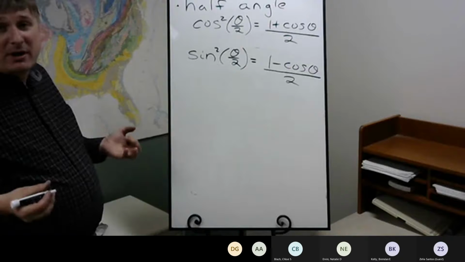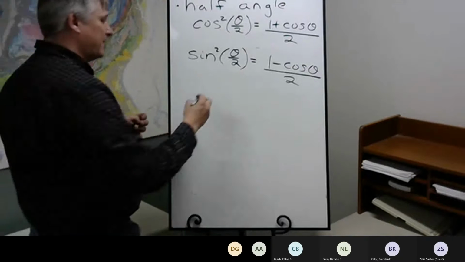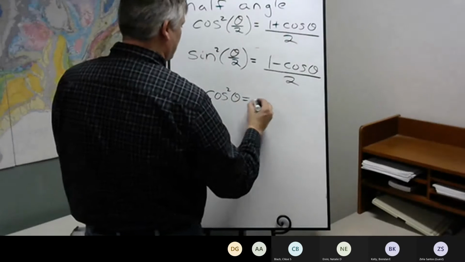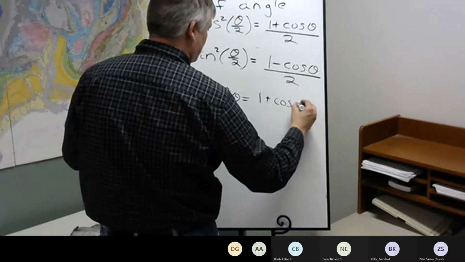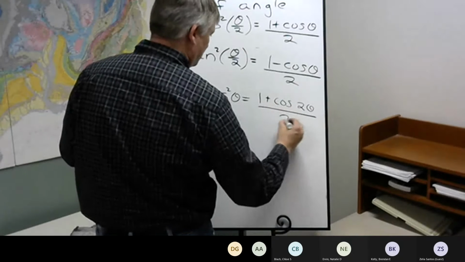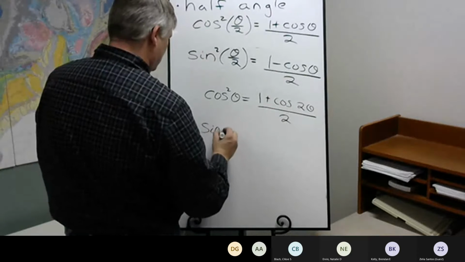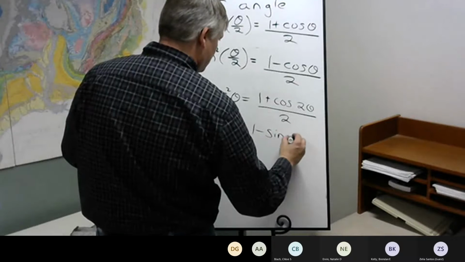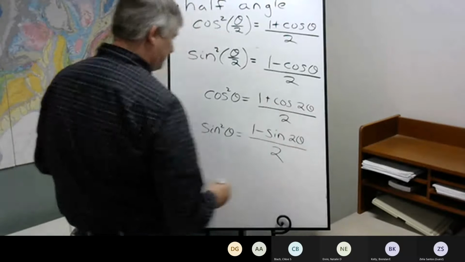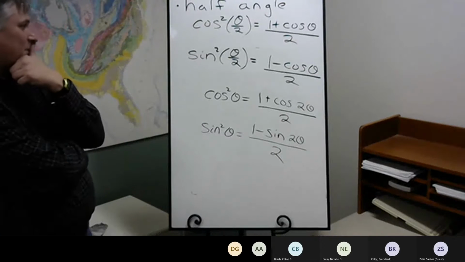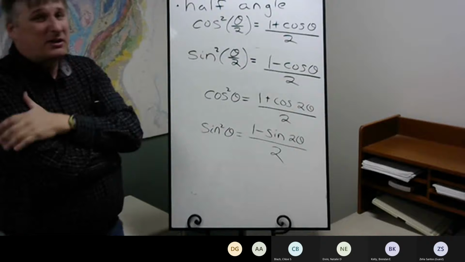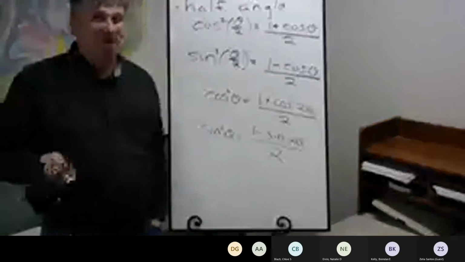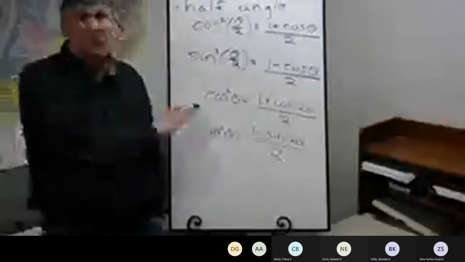So that's going to be your half angle formulas. Another way of thinking about these, you could also think of them like this. So that's another way of thinking about them. I know these two do come up a lot. I always use them in Calc 3 homework problems.